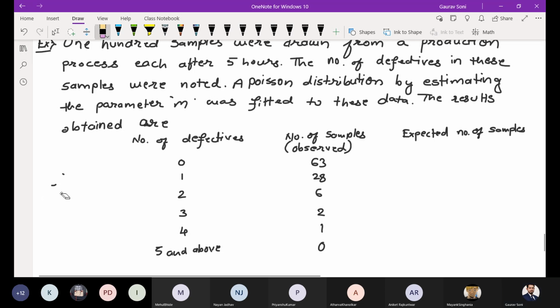So the expected numbers are 60.65, 30.33, 7.58, 1.26, 0.16, and 0.02.